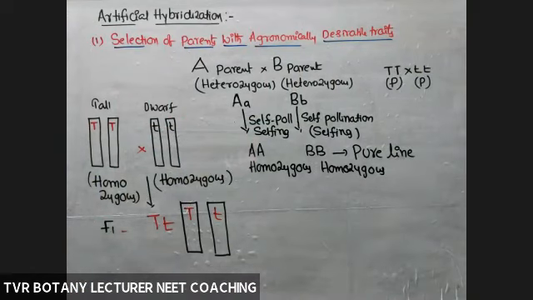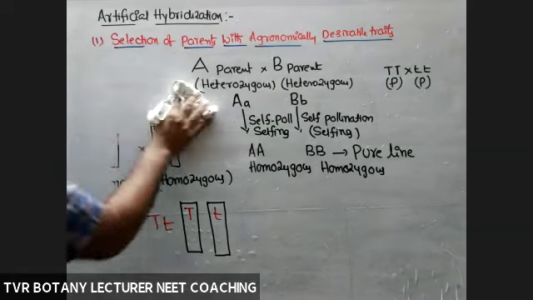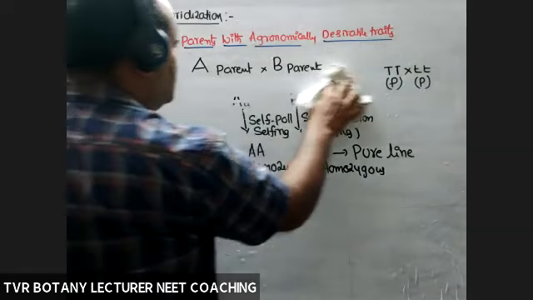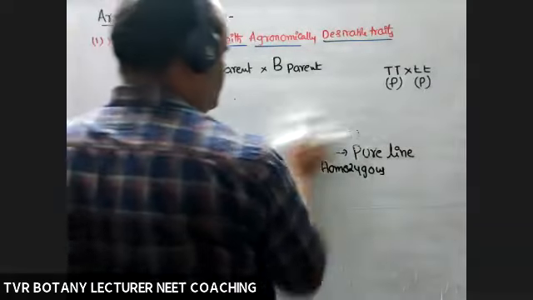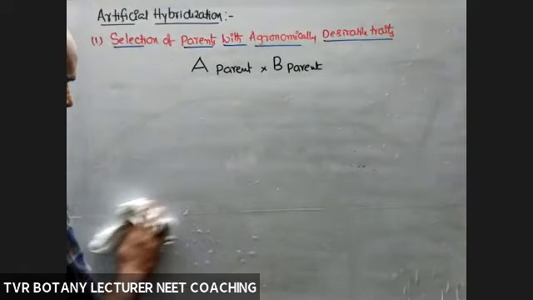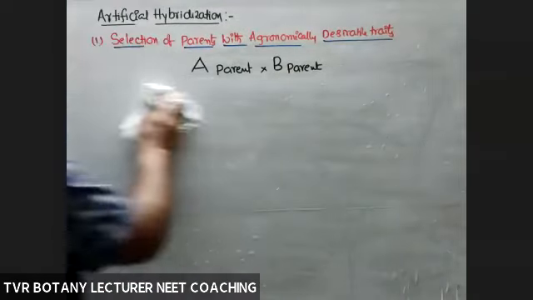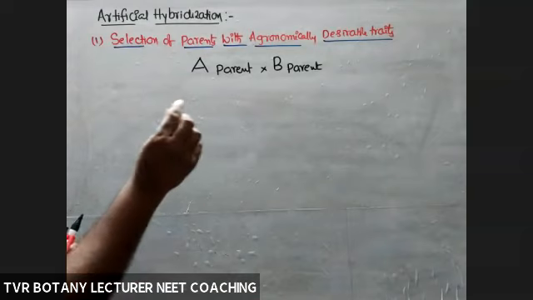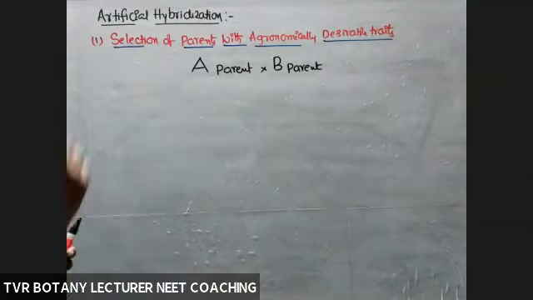So selection of parents completed: A parent and B parent. And the second step, this is first year part only, with some statements mixed in from the second year textbook.